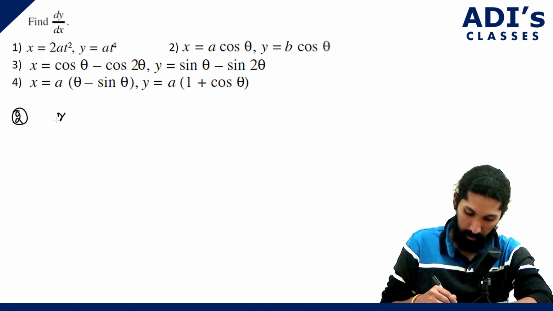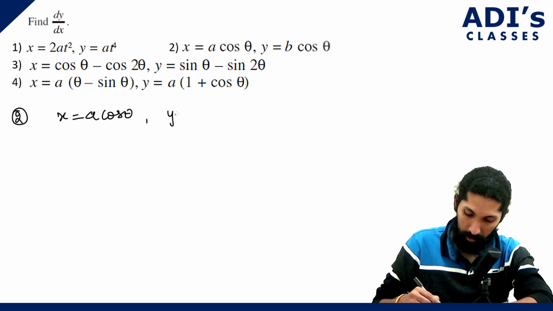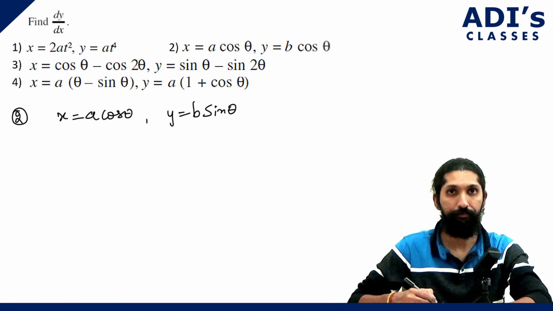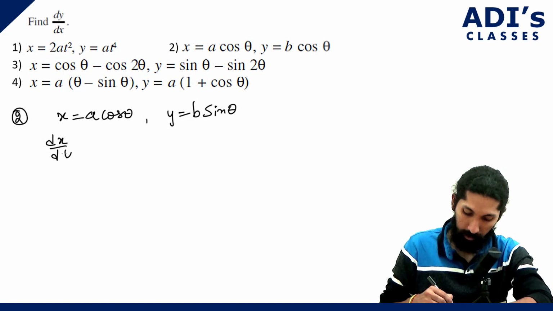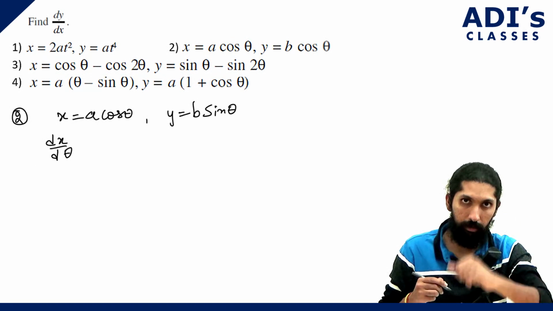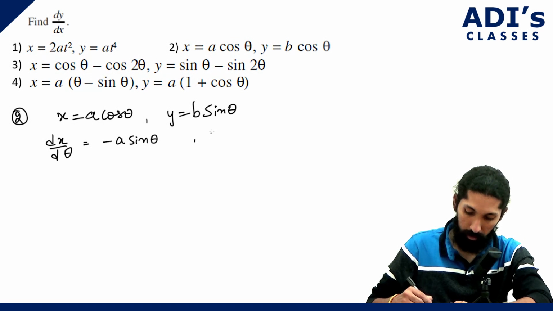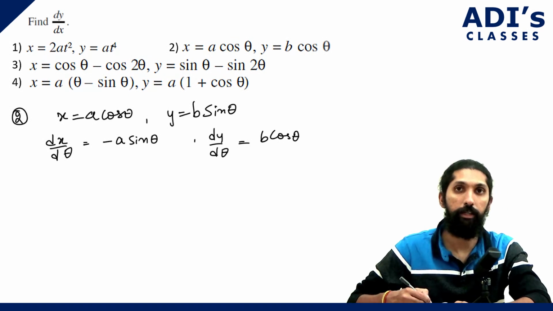You have x is equal to a cos theta, y is equal to b sin theta, right? So again, now we need to do dx by d theta, not t here, theta. This will be minus a sin theta, and dy by d theta is equal to b cos theta, correct?